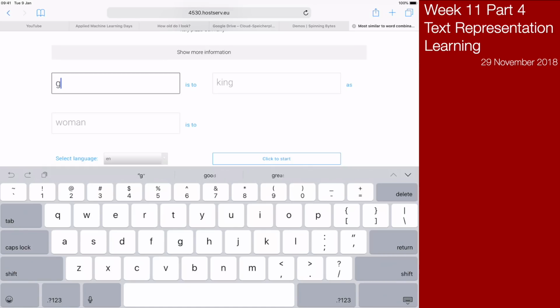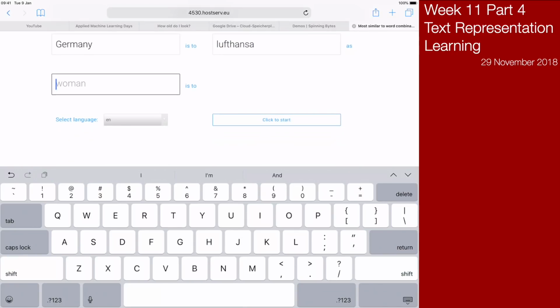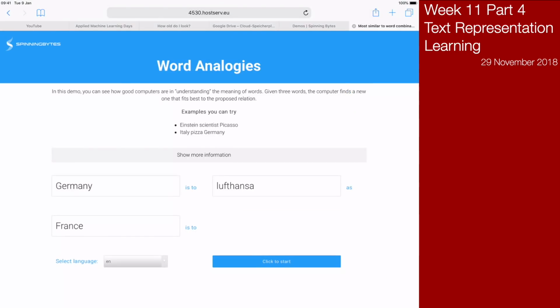You can do something like, what is Germany? This is not going to work because it's case sensitive, and I can't use shift, so we can try this.